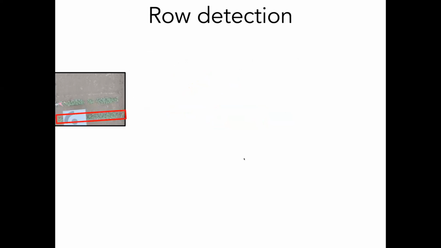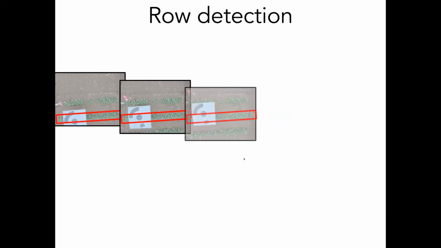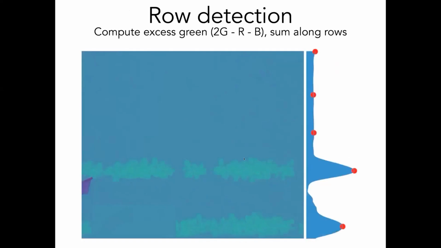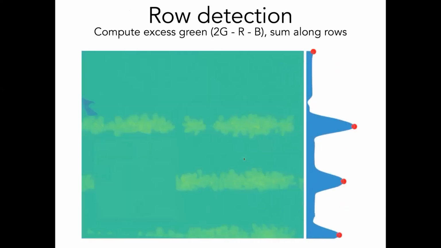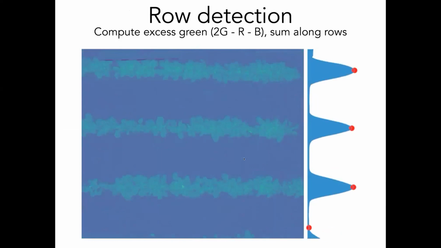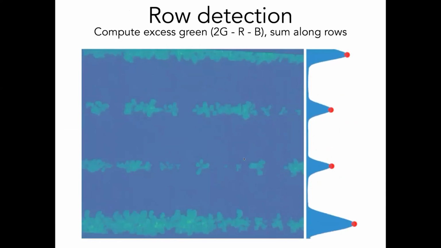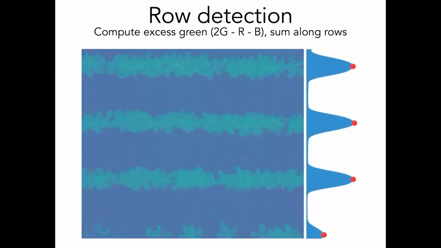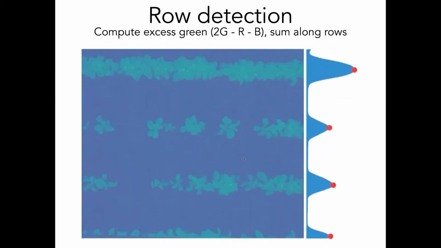So if this is the row of interest, as the tractor drives, in each picture you'll keep seeing that row again and again. So we want to be able to detect unique rows so we can get all of the pictures of those rows. We can do this in a very straightforward manner with an image processing pipeline where we first pick all the green pixels and find their peaks to get an approximate location of the rows.